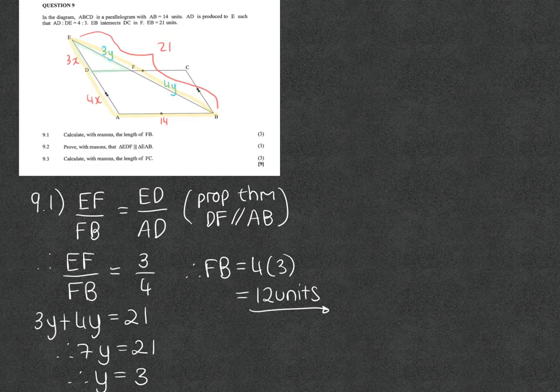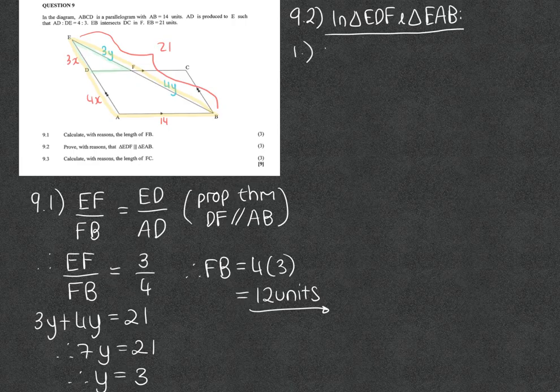Okay, so we just need to state our reasons why. So for 9.2, in triangle EDF and triangle EAB.